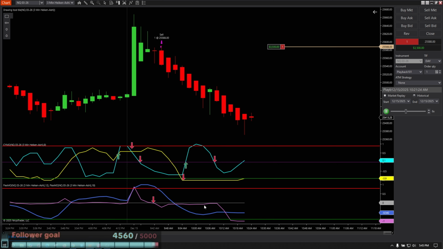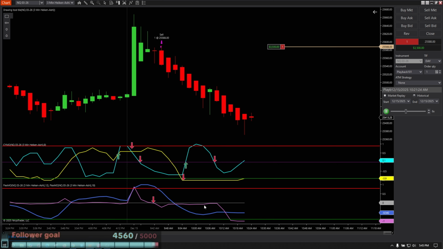Now, what makes it so potent for scalpers is that it doesn't just react to the market, it adjusts with it. Guys, if FlexMO ever hits this inflection point right here, all the way up, right at the outset of the market, this is telling you that the market's getting exhausted. But not only that, you also have a cyclic turn in price right here. Okay, guys, look at this.